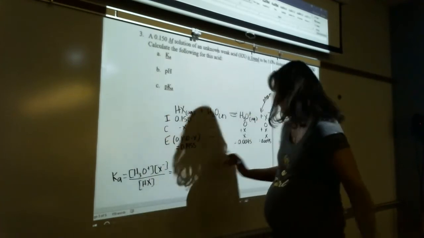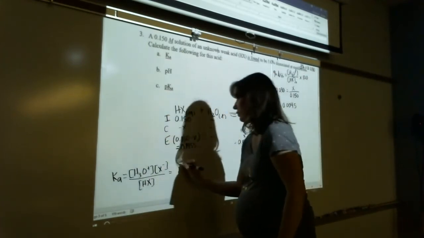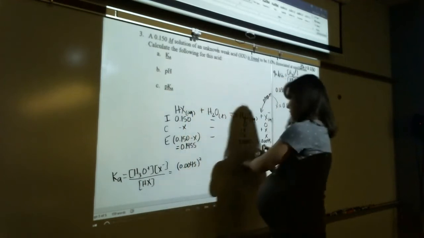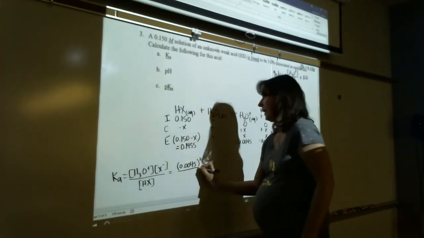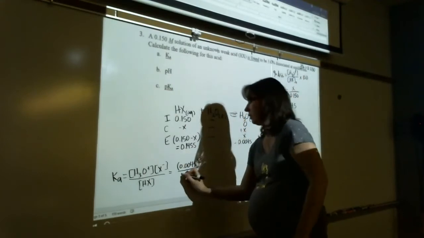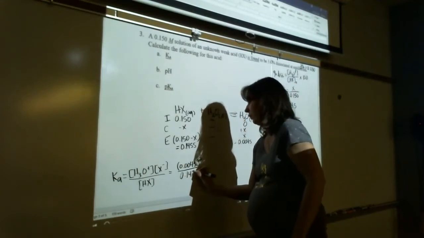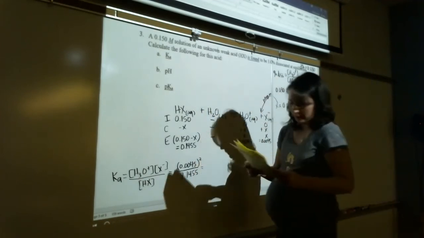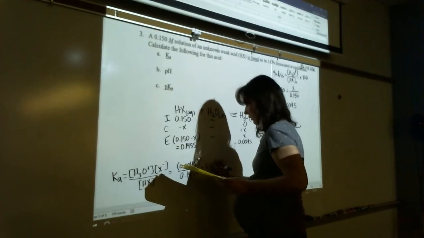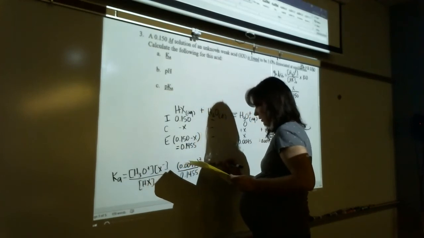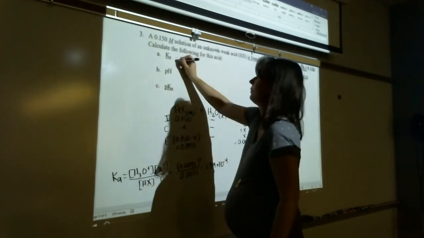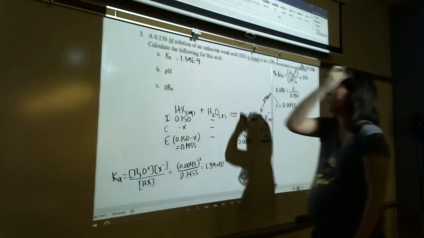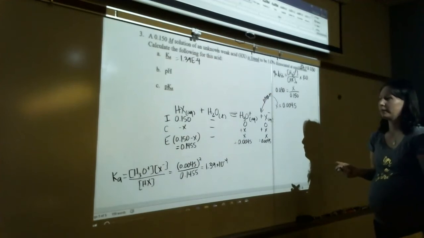So that would be 0.0045 squared, since those two are the same, divided by my HX value, 0.1455. So I got 1.39 times 10 to the negative fourth, which is reasonable for a weak acid, right?